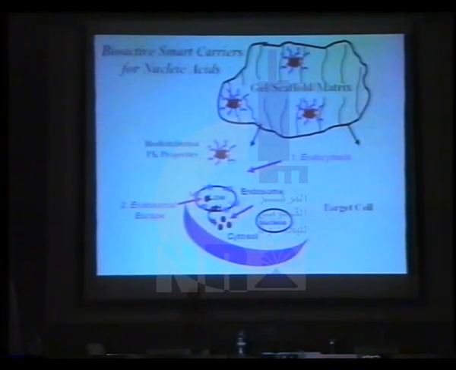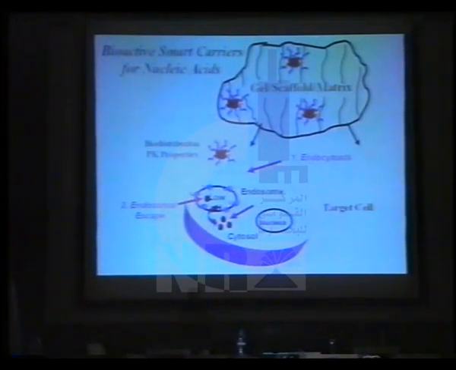But I give this sort of as a specific example. I could show you several others from different groups. It's an area that's very active to try to build more active polymeric delivery systems. And I use that to illustrate the point that what people are after at this point is something that goes beyond a simple carrier, because those just have been shown to be insufficient in the clinic.